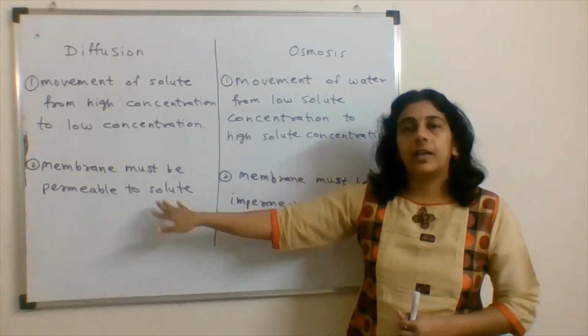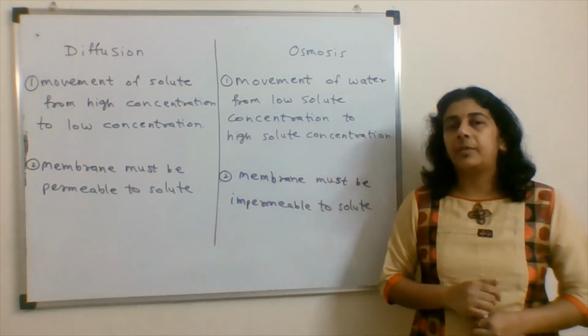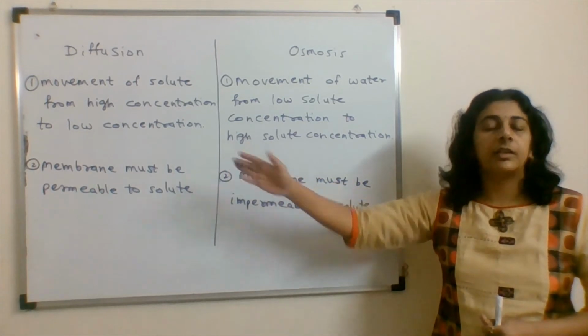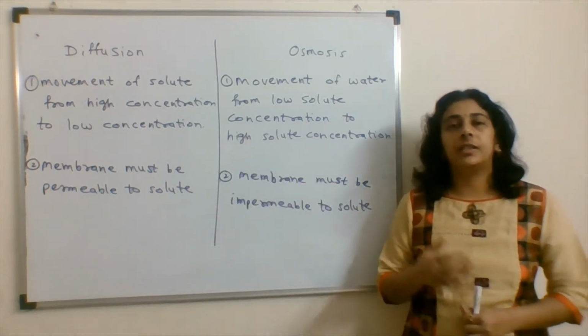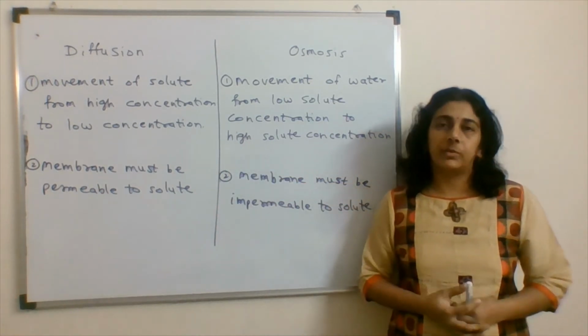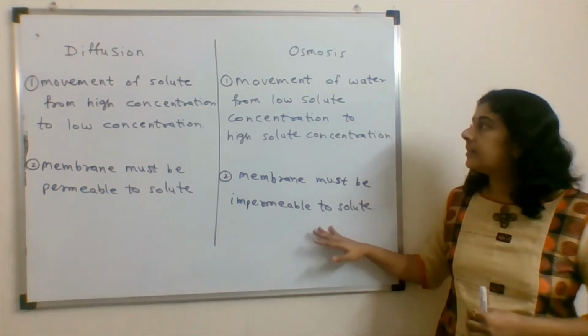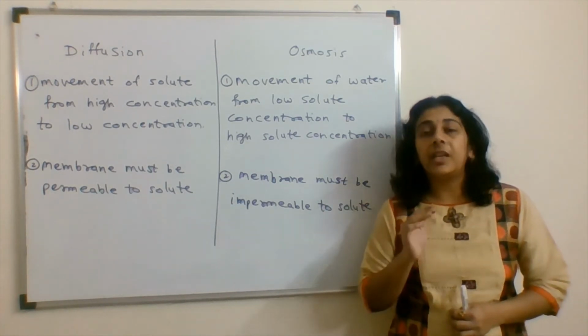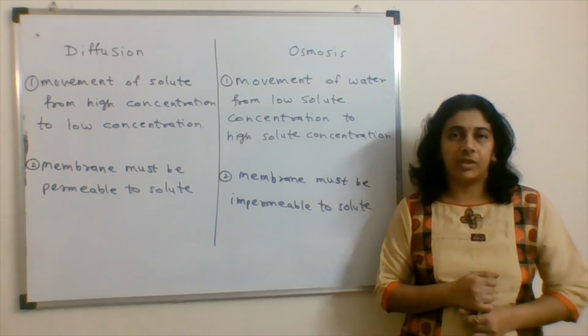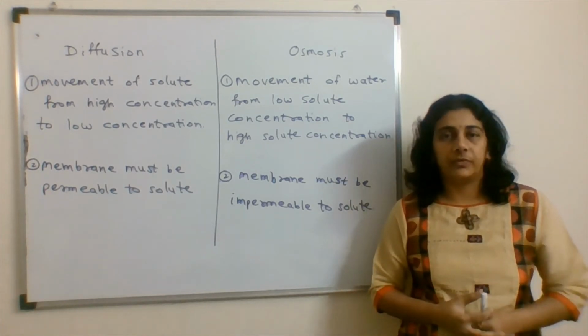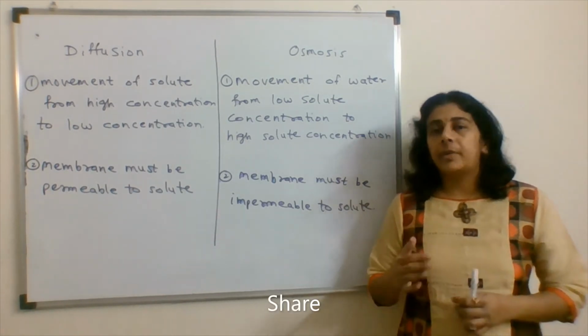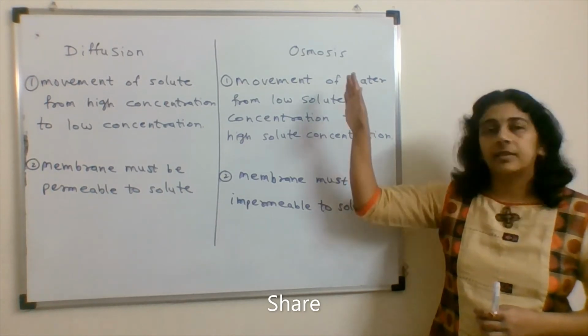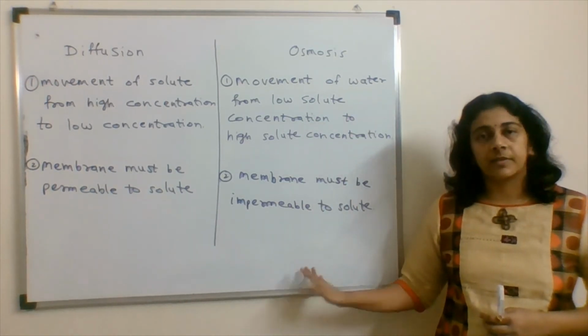For diffusion, the membrane must be permeable to solute, so the solute can pass through the membrane, whereas for osmosis the membrane must be impermeable to the solute so that water can move. Okay, so remember this, water movement is related to osmosis.